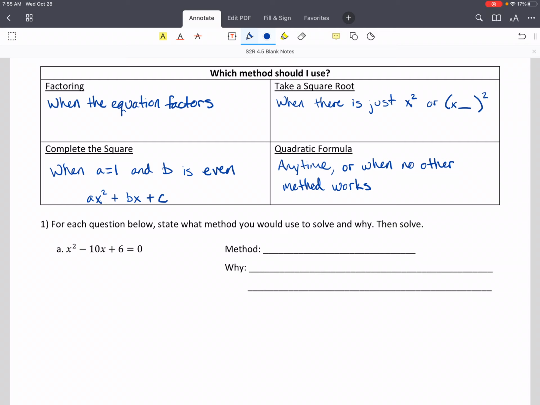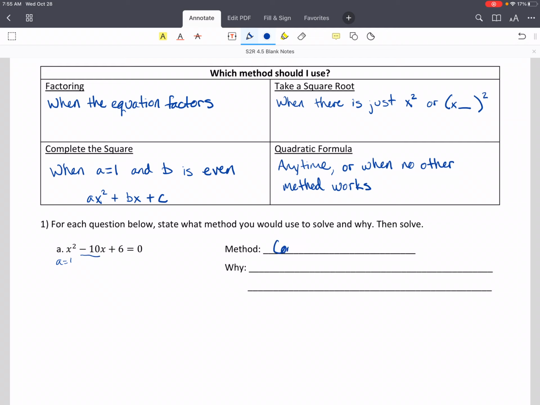Taking a square root, there's an x squared here, but there's also this minus 10x. Because I have a linear term there, meaning it has just an x on it, that means I can't solve just by taking a square root right now. Well, let's check complete the square. When a equals 1, all right, a equals 1 here. My b term, negative 10, is even.